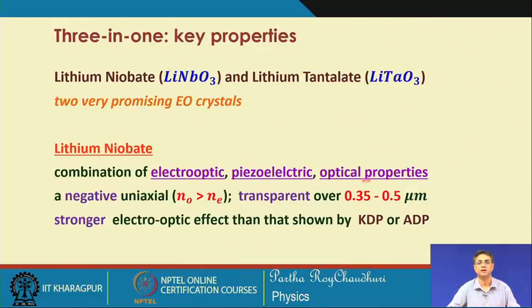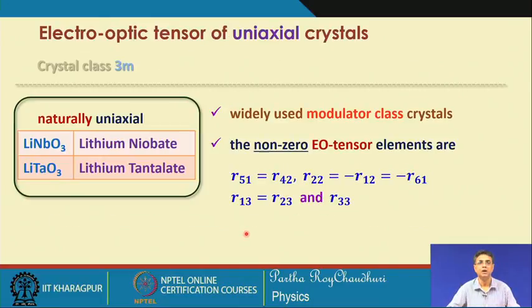This crystal is transparent over the region starting from 0.35, the visible range, to about 5 micron. It has a strong electro-optic effect, which is many times more than that shown by KDP or ADP. So, this natural uniaxial crystal lithium niobate is very widely used as a consequence of the fact that these properties are very strong and very useful, used in the modulator class.